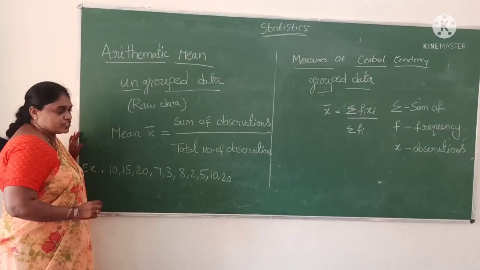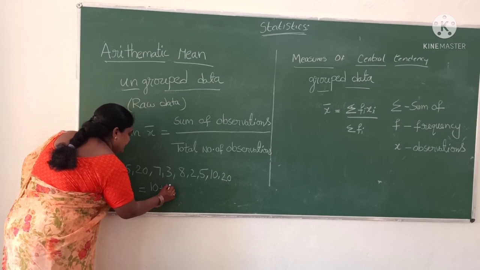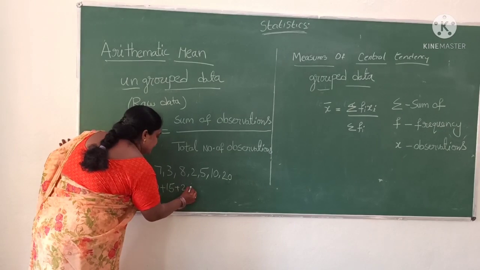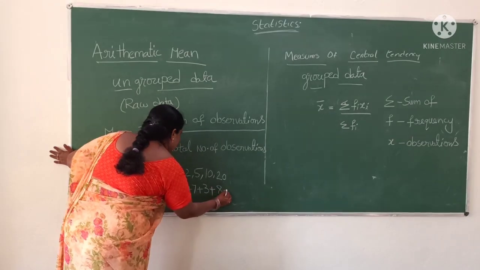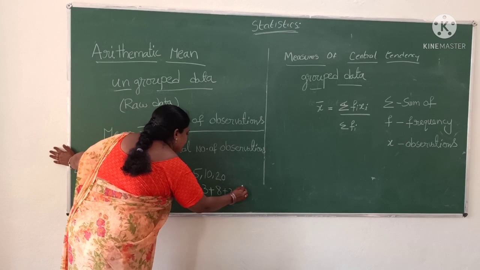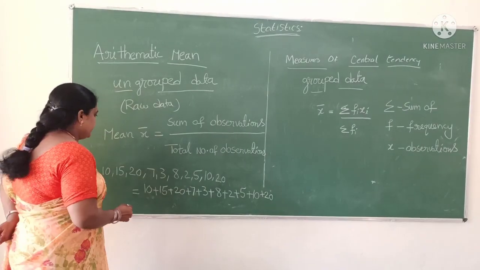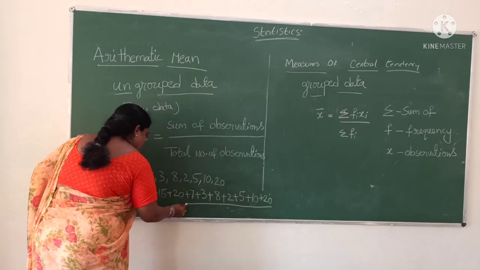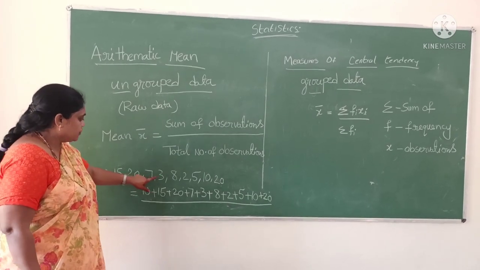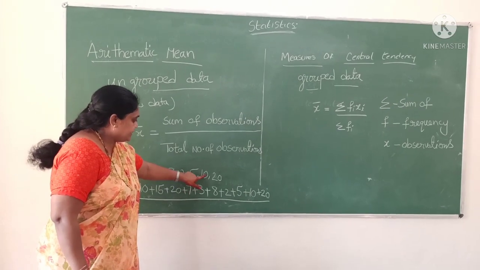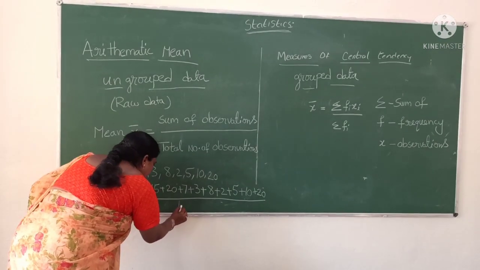These are called observations, so we add all observations: 10 plus 15 plus 20 plus 7 plus 3 plus 8 plus 2 plus 5 plus 10 plus 20, divided by the total number of observations. How many observations? 10.